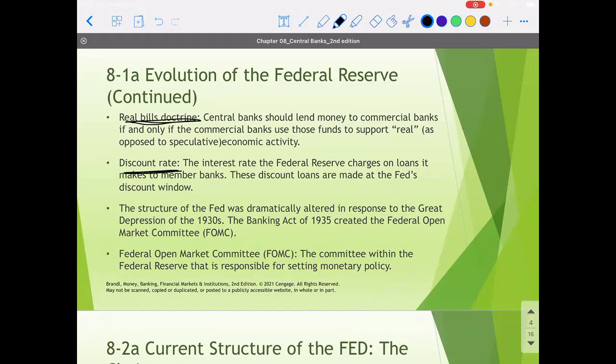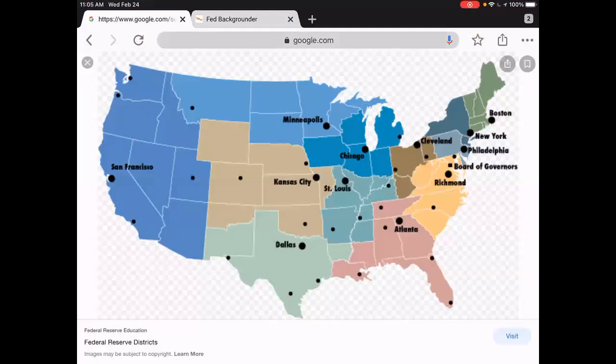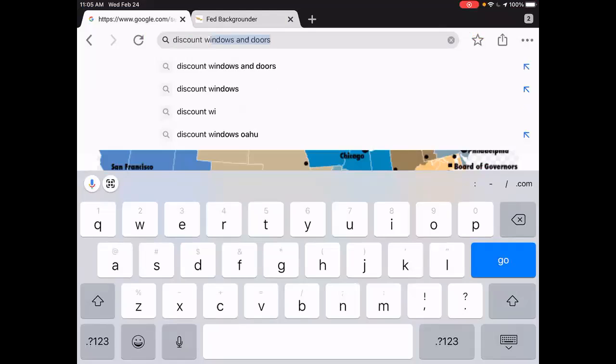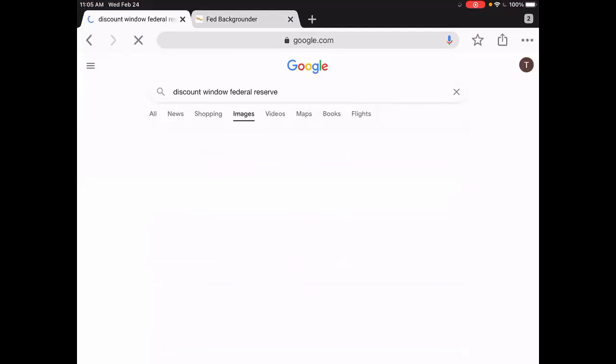So each of the Federal Reserve districts, when I was at Chicago, we actually did have a discount window. When I was there in the late '90s, early 2000s, most of these things were starting to go away.